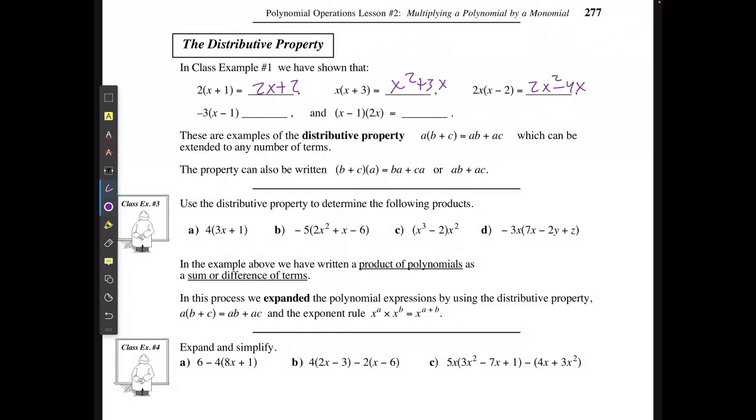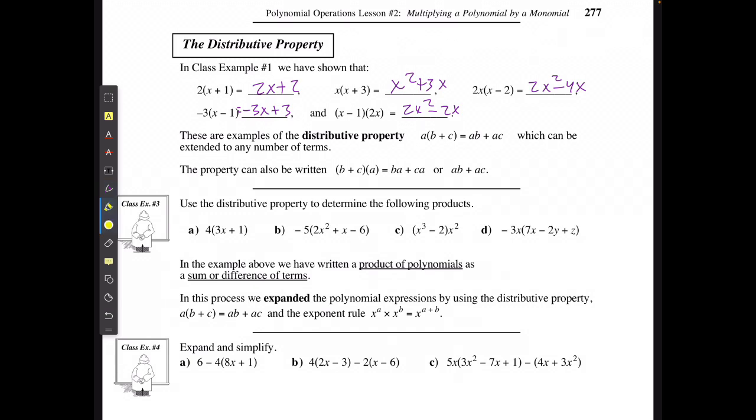Negative 3 times x minus 1 gives me negative 3x plus 3. And x minus 1 times 2x gives me 2x squared minus 2x.